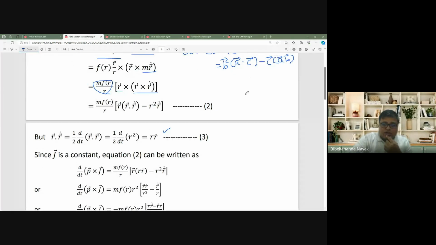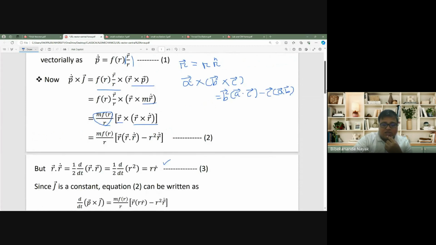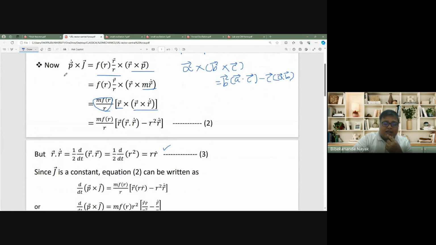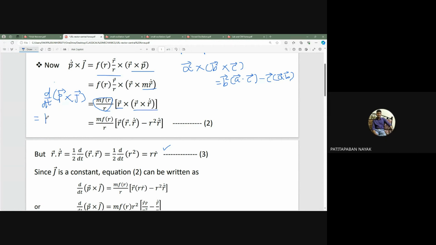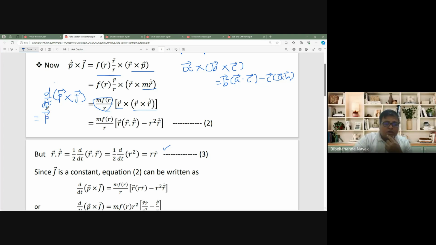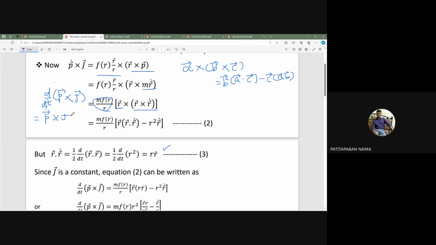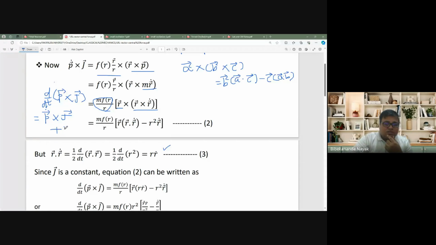So equation 2, the left hand side, is P dot cross J. I can write it as the derivative of P cross J. We know the derivative of P cross J will be P dot cross J plus P cross J dot, since the vector product is not commutative, the order must be kept.